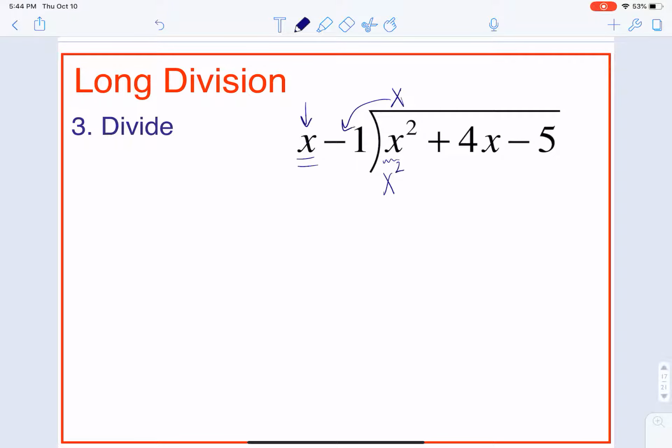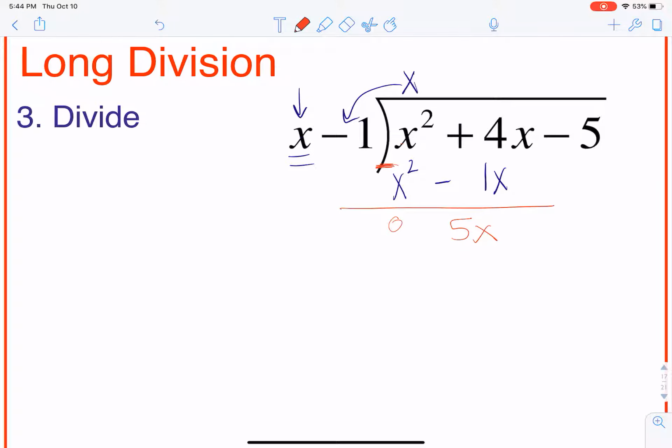And x times negative 1 is just going to give me negative 1x. So then what I want to do is go ahead, and let's do this in another color so it's a little brighter. I want to subtract here. x squared minus x squared gives me 0, and 4x minus negative 1x is going to give me 5x.